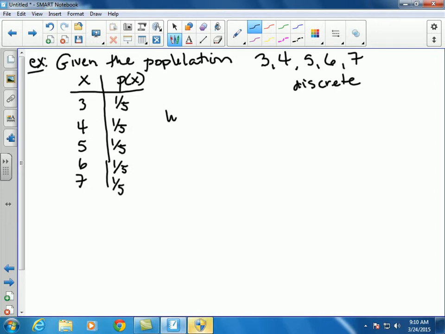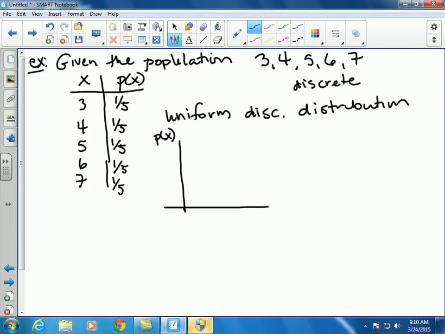So this is a uniform discrete distribution, and if you were to graph it, 1/5 is the probability, or 20%.